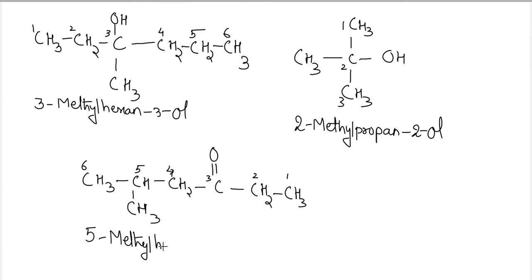Then the next will be given the alk name. The alk name here is hex, and all the carbon atoms are attached with each other with a single bond, no double bond is there, so the bond name here will be ane. And at the third position the ketone is attached, so hence the name will become 5 methyl hexan 3 one, 5 methyl hexan 3 one.